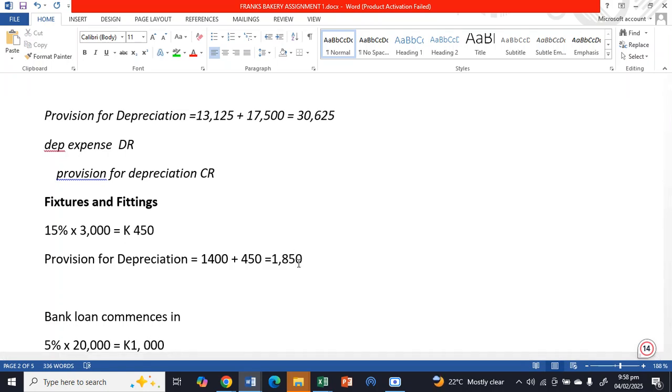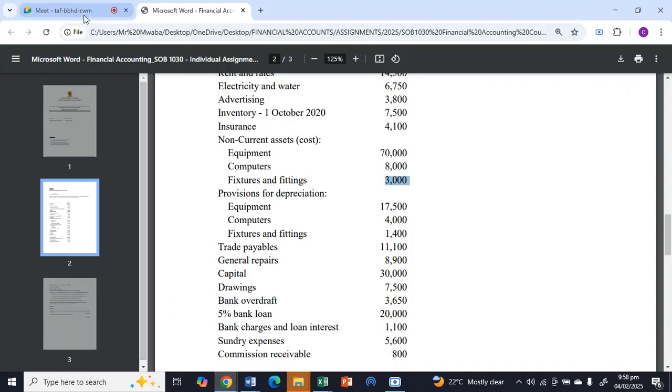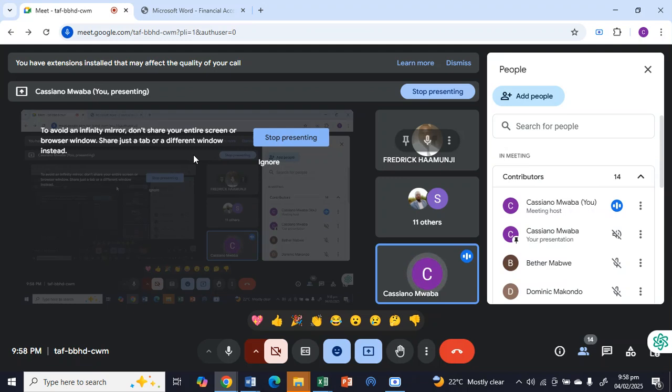Are we okay with that, colleagues? The same thing we did with equipment. We got the depreciation and we also added it to the provision for depreciation. Even for the computers, that 500, you're going to add it to the provision for depreciation.